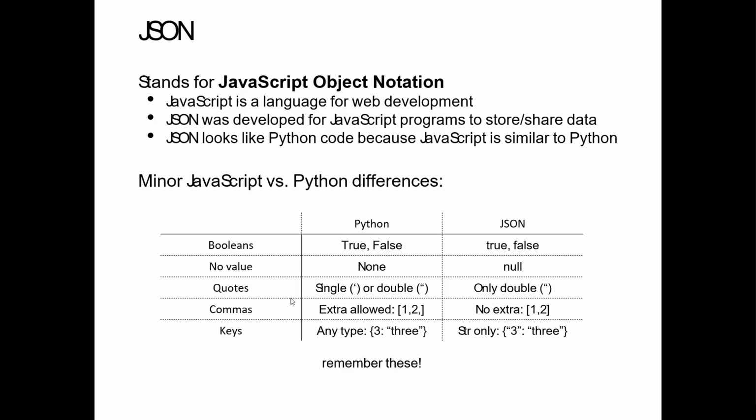Quotes: Python will let you use single quotes or double quotes. In JSON, only double quotes are permitted. A minor difference there, just something to keep in the back of your mind. Maybe a reason to start using double quotes as your first choice. I don't know. All right, commas. Python will let us put an extra comma at the end of a list. There's a comma there following the 2.